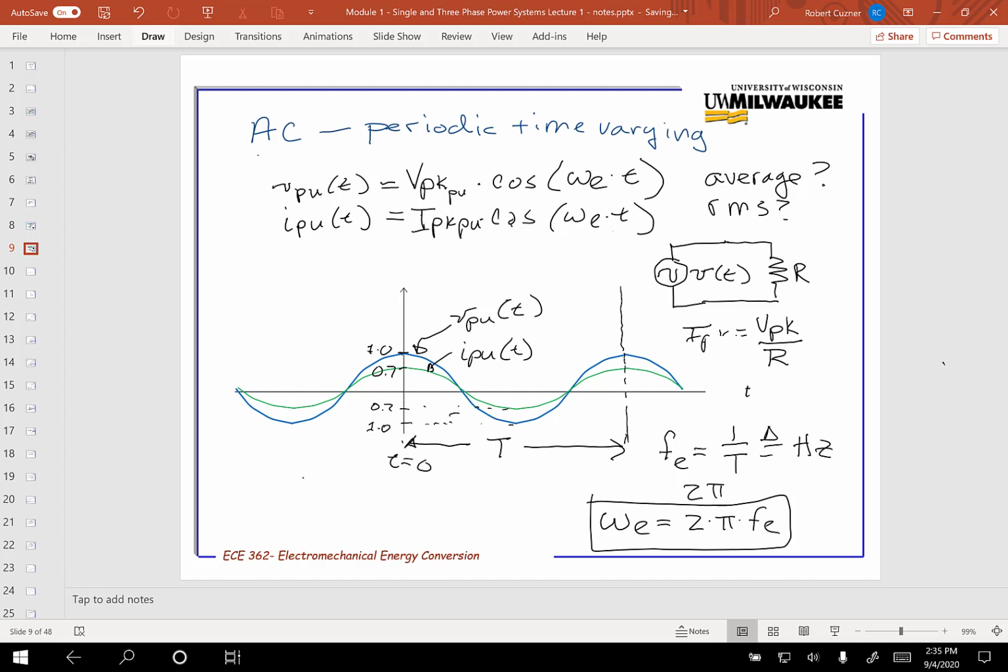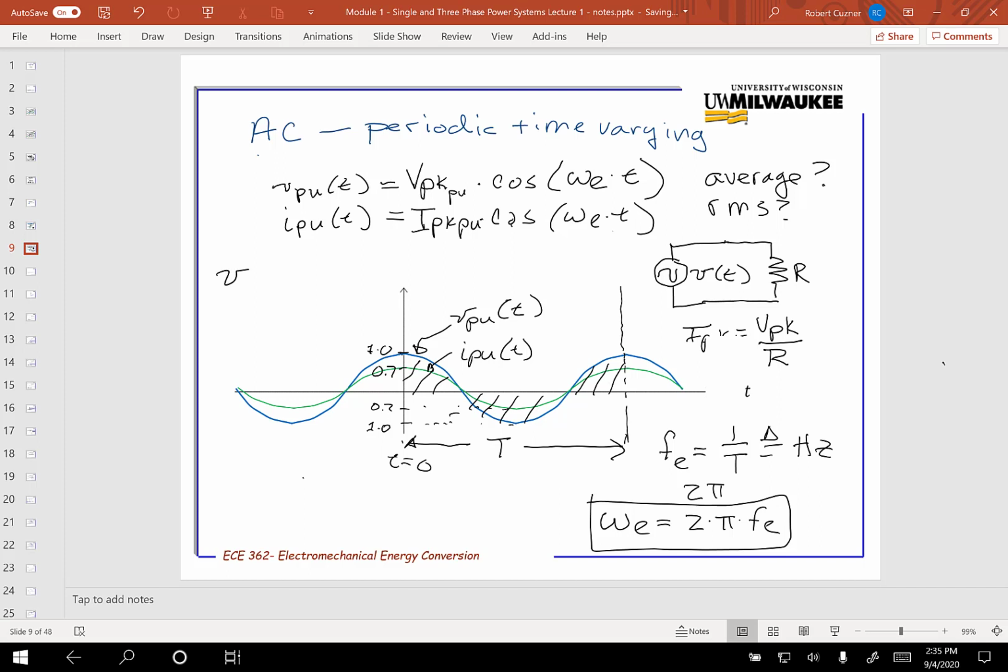So does an average make sense? Well, another way to think of an average would be, if I want to average over this period t, let's take the area under the curve that's above 0 and the area under the curve that's below 0, sum those up, the areas, and divide them by t. That's an average. Or mathematically, what is an average?